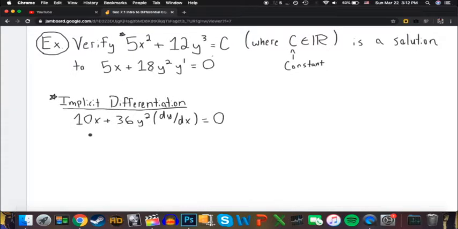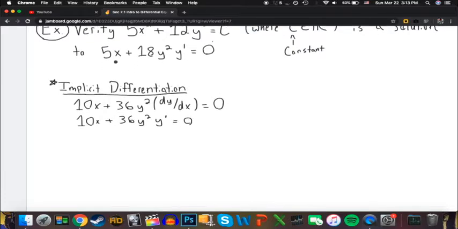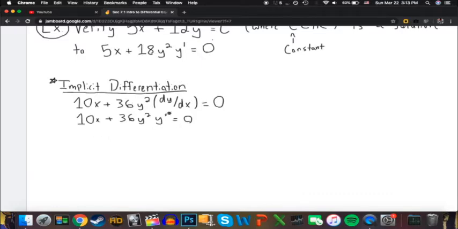Now, to make this a little bit nicer too, remember that there are multiple representations for a derivative, so dy over dx can also be written as y prime. That way we're in tune with the notation that we have here for our particular differential equation. Now, notice how these two terms are just half of what these two terms were when we did our implicit differentiation.